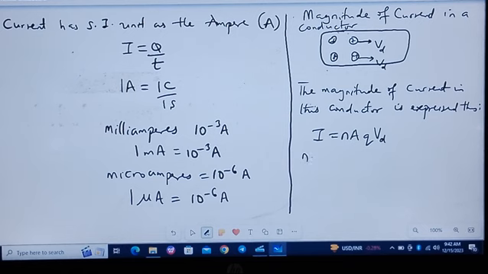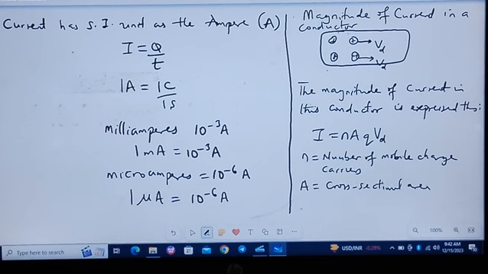Here, N is the number of mobile charge carriers. A is the cross-sectional area of the conductor.